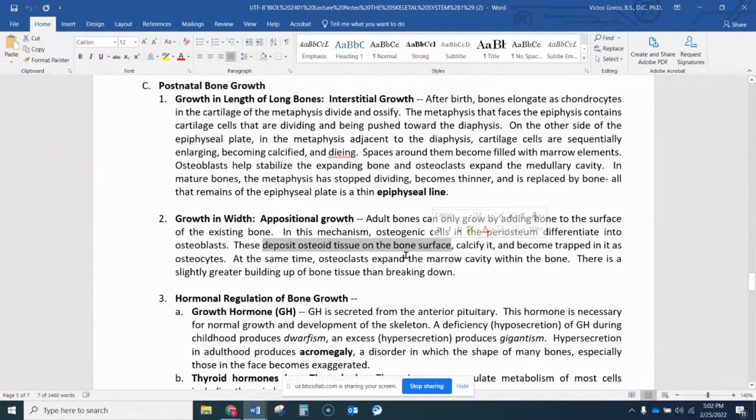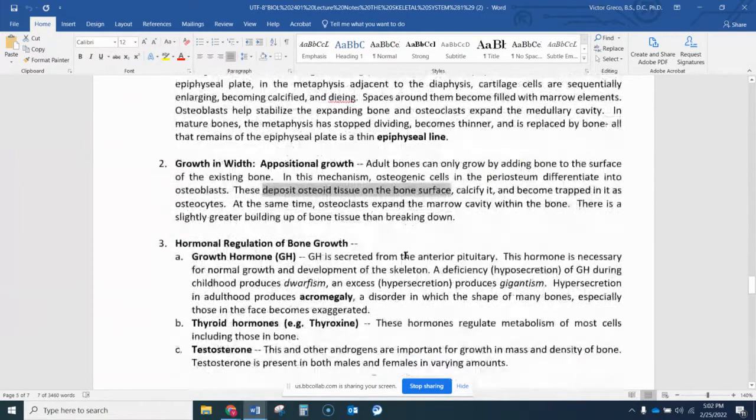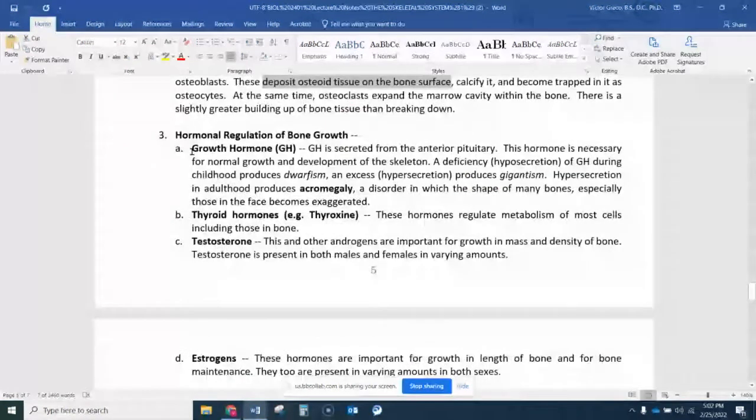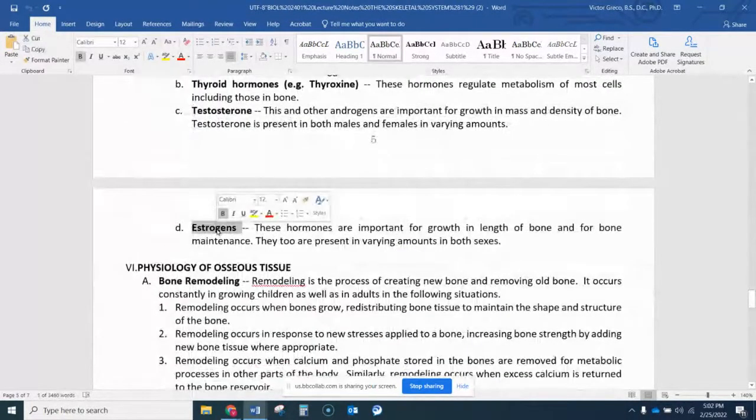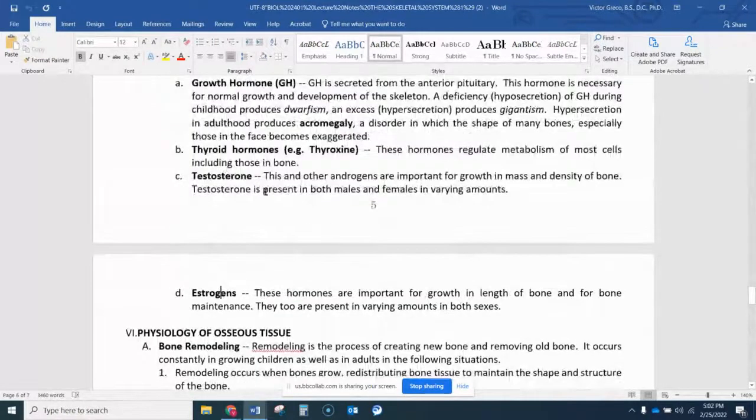It's just a simple process there. These are different hormones that regulate bone growth: growth hormone, thyroid hormone, testosterone, and estrogen. There's one hormone I want to talk to you about in a little more detail, but we'll see that one a little bit later. Let's turn my page.